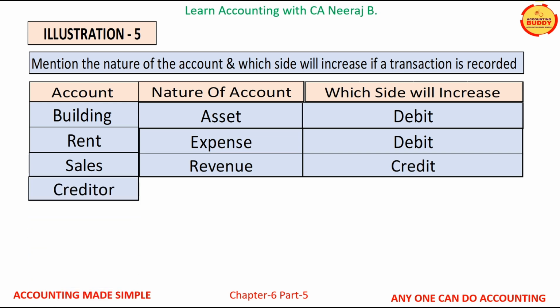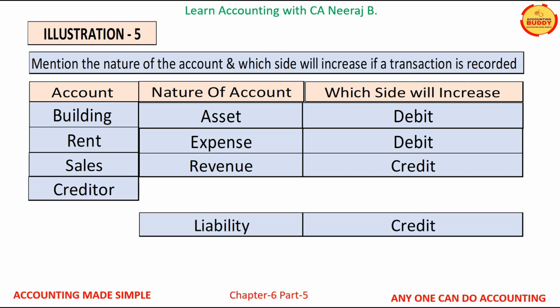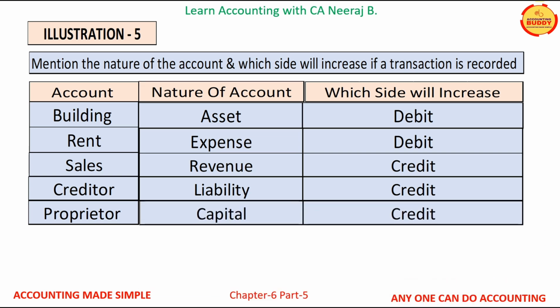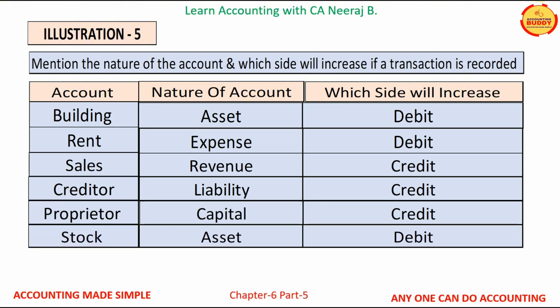Fourth account is creditor. Creditor is a liability account and liability accounts are credited when they increase. Fifth account is proprietor. Proprietor account is a capital account and the capital accounts are credited when they increase. Sixth account is stock. Stock is an asset account and assets are debited when they increase.